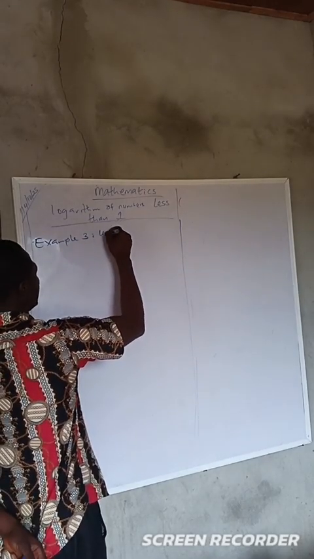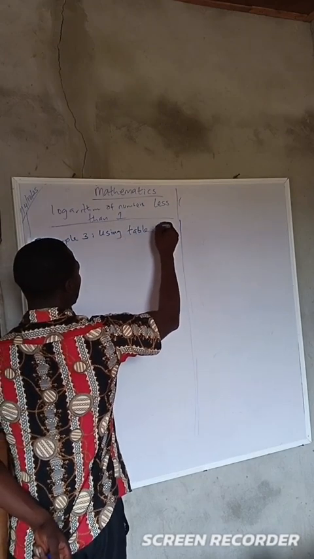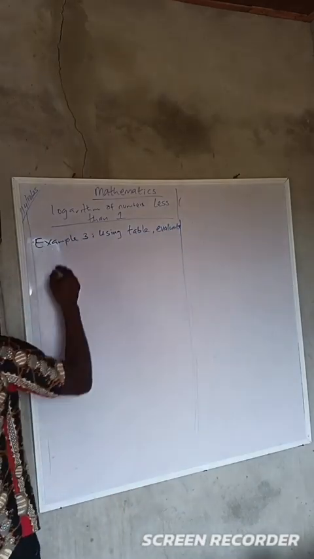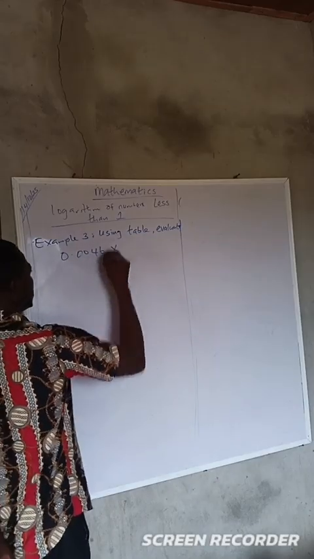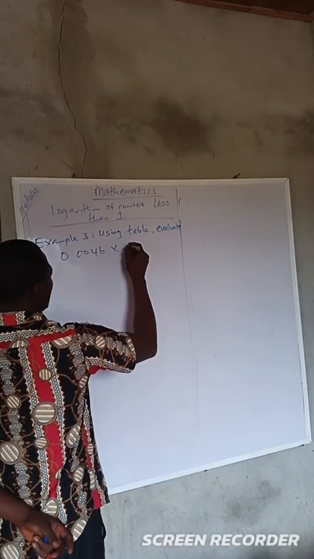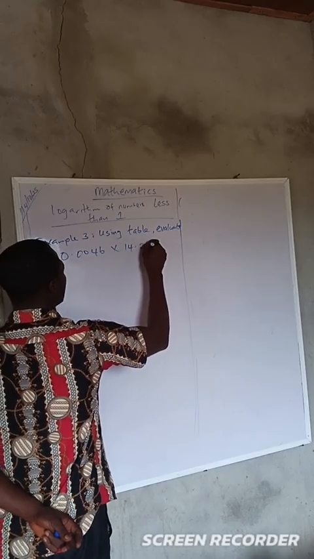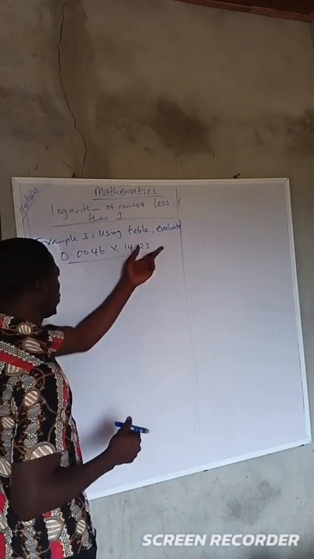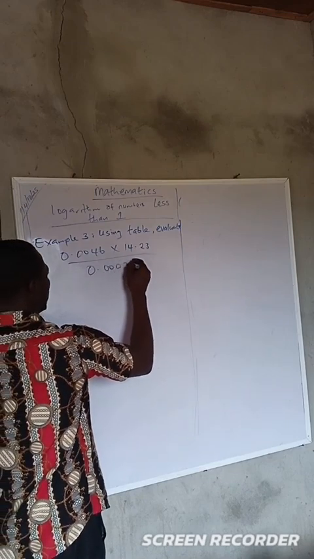Evaluate using table. Evaluate 0.0046 times 14.23. You can also have this logarithm of numbers greater than 1 as well. So we have divided by 0.00035.